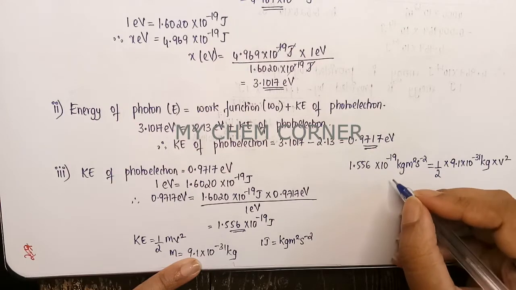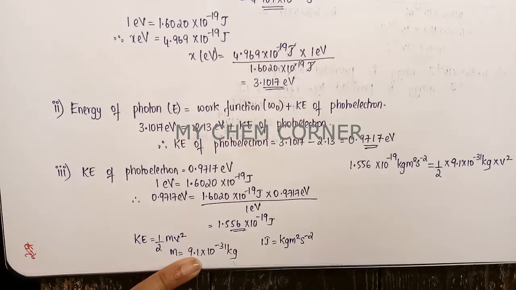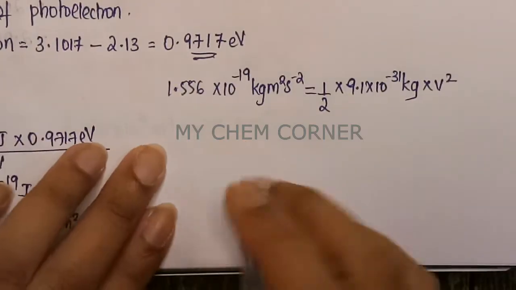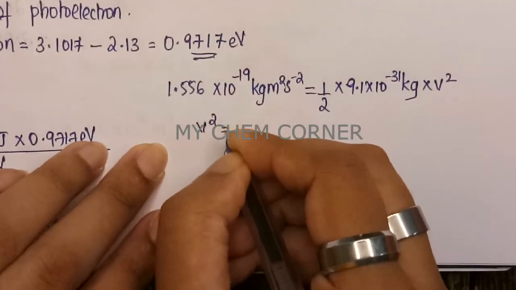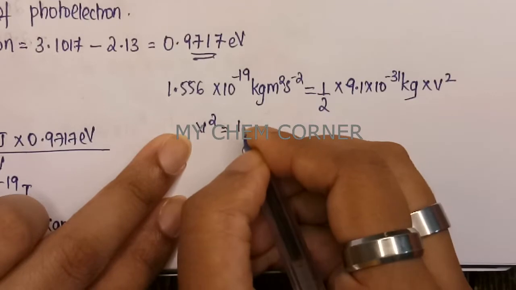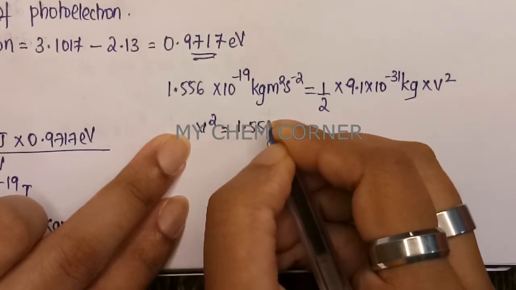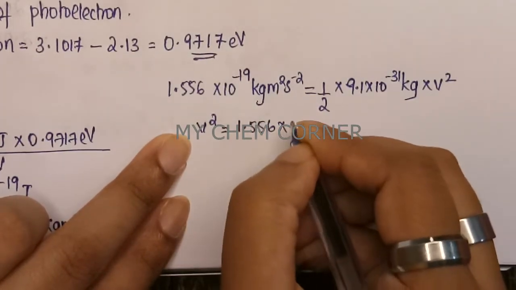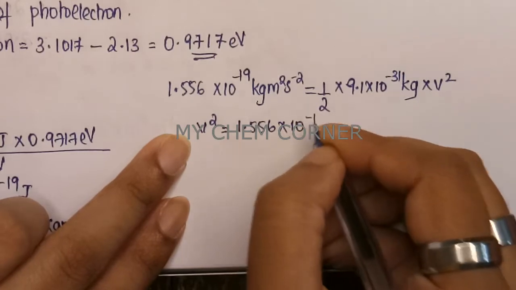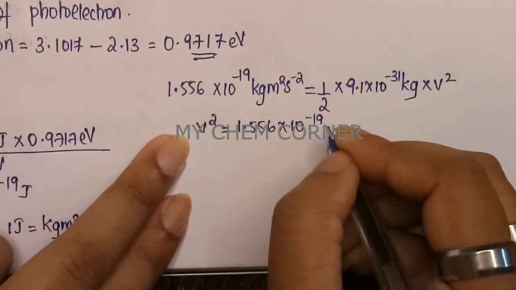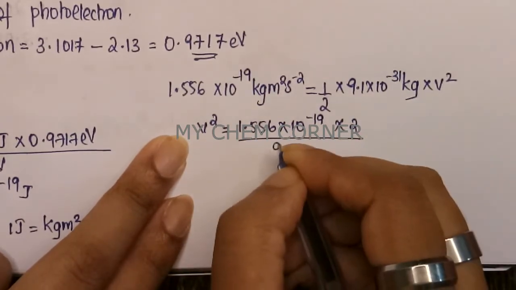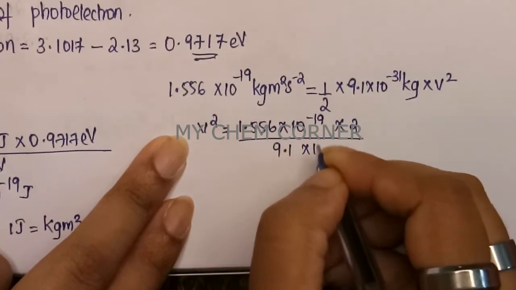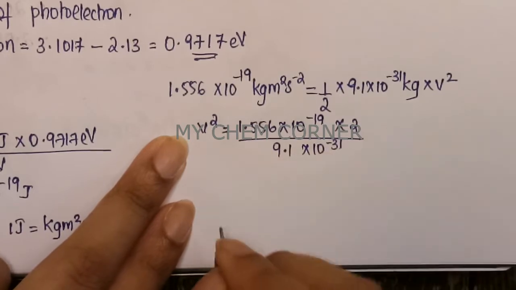So here, in this case, v square is equal to, we have to cross multiply, 1.556 into 10 to the power minus 19 into 2 divided by 9.1 into 10 to the power minus 31.